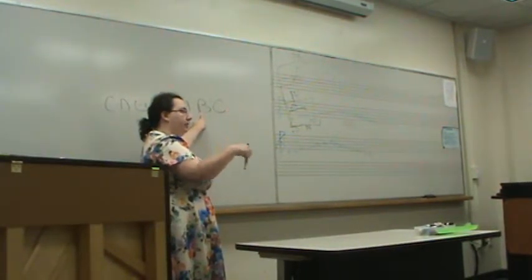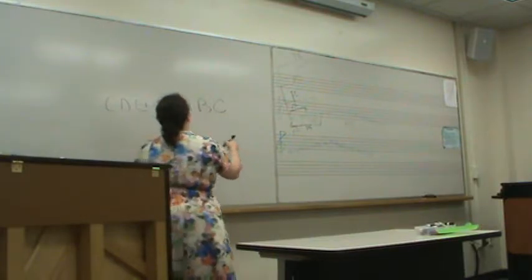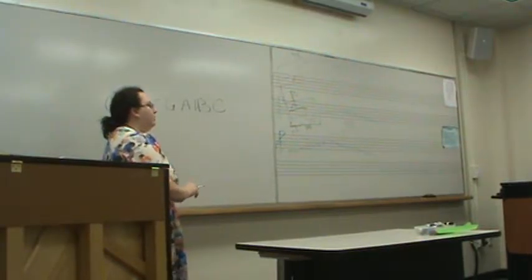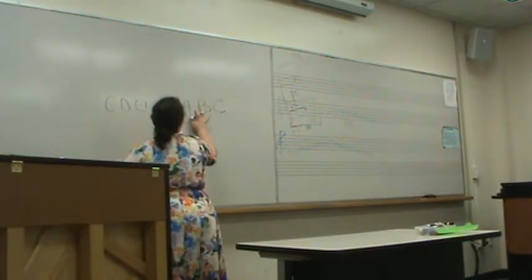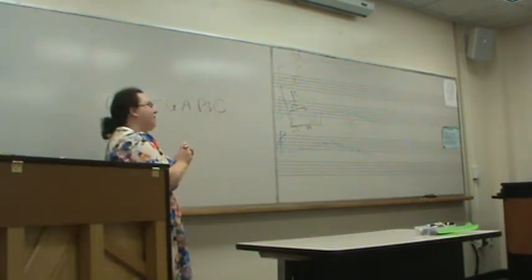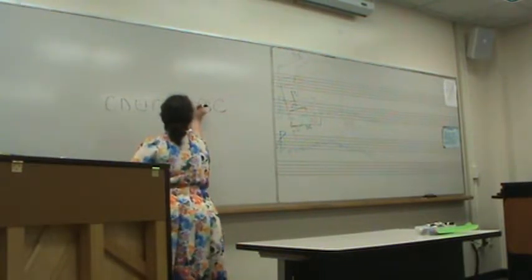We have to make it lower, just like we did with the E. We flat it, we lower it, so we flat that as well. Okay, one more. The sixth. Okay?